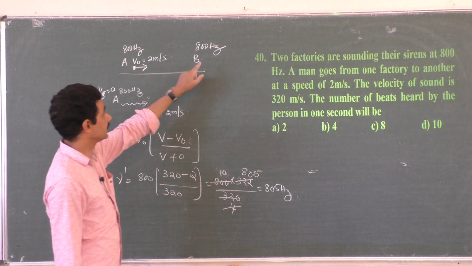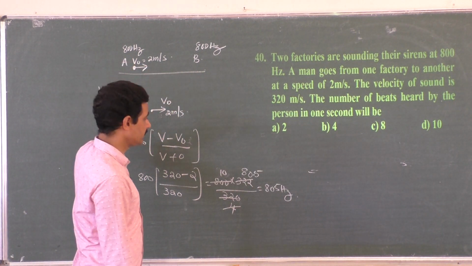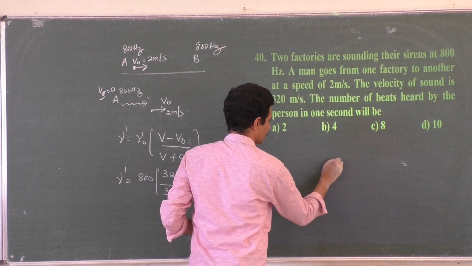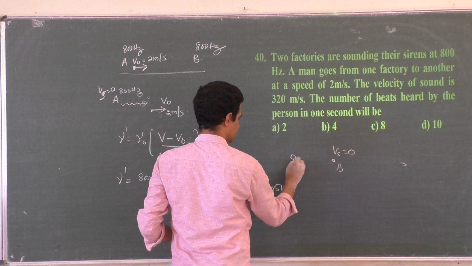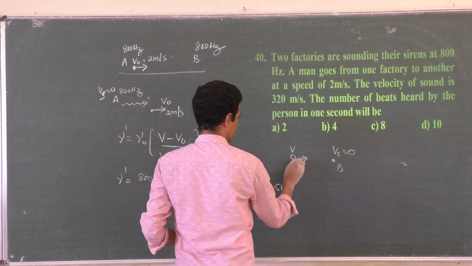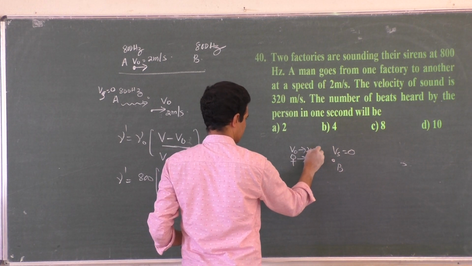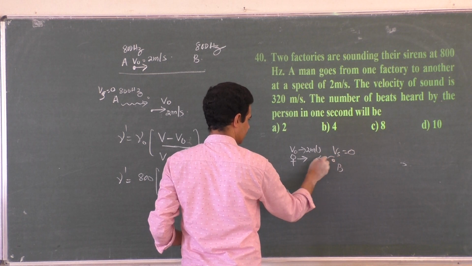Now imagine this is factory B. He is approaching towards factory B. Now the source of sound is at rest, factory B, and the person is approaching towards this factory. So the observer is moving at 2 meters per second and sound is coming like this from the source.